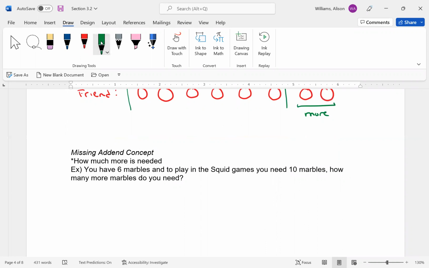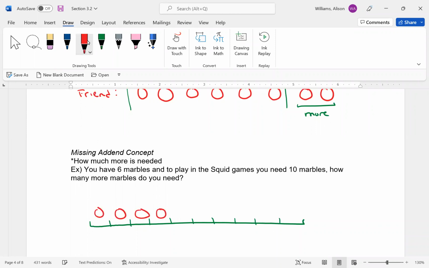We start with the concept of 10: 10 little slots, and you have 6 marbles to fill. In order to play the game, you would need those 4 more. So that displays that 10 minus 6 equals 4.